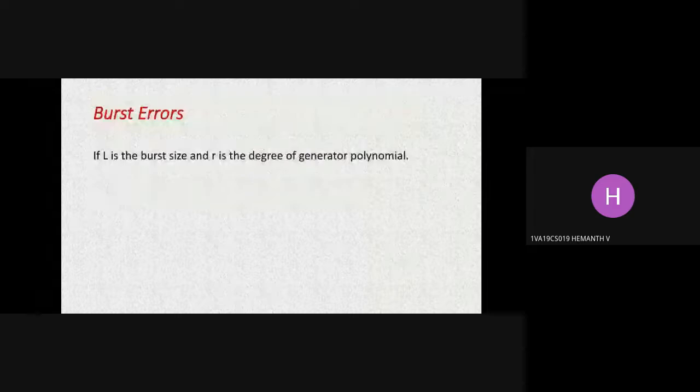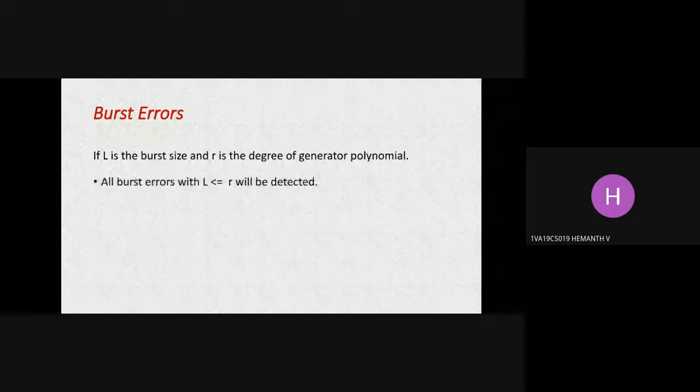So keeping that in mind, R is the degree of generator polynomial. Next, all burst errors present in the data with L lesser than or equal to R will be detected.